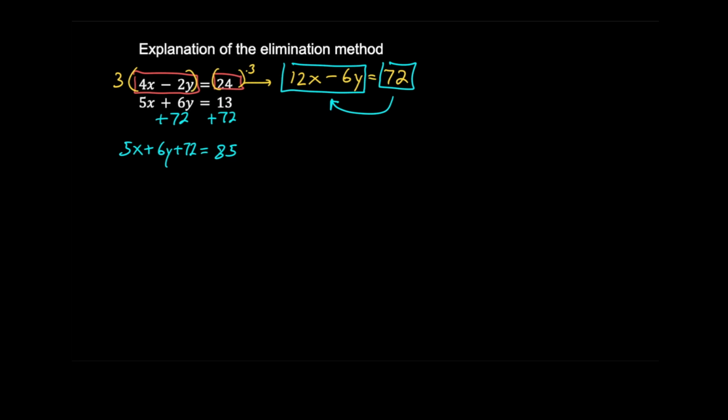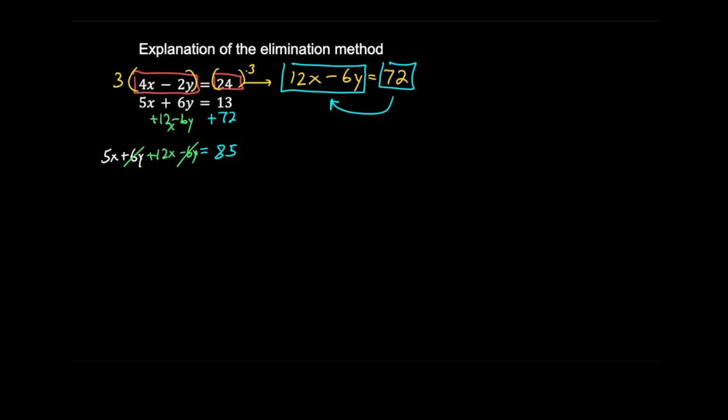So instead, we are going to add not 72 to the left, but the equivalent expression, 12x minus 6y. So it ends up being 5x plus 6y plus 12x minus 6y. And that's why the y's are actually canceling out when we're doing elimination method.